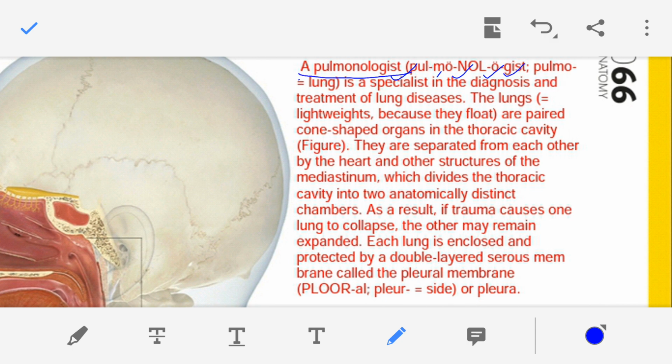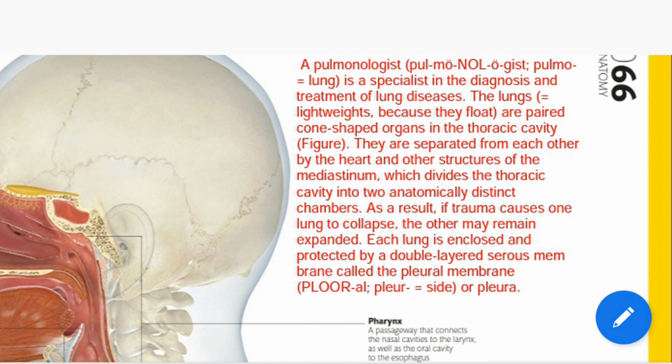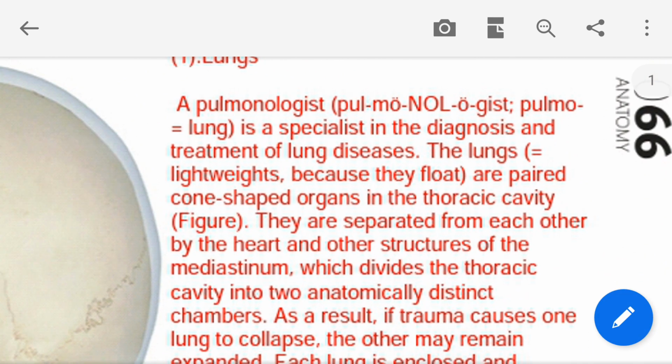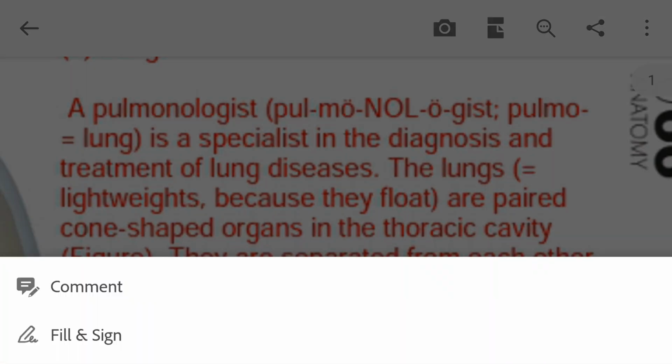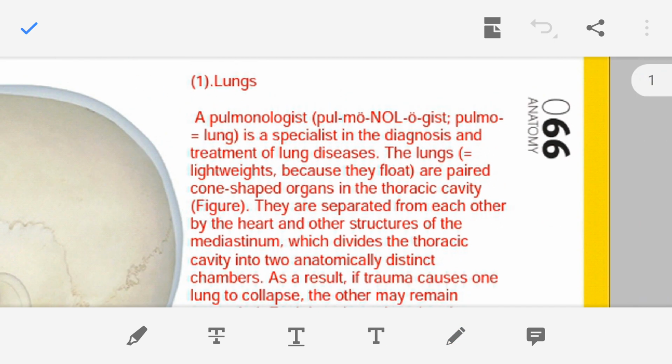Here we are not pronouncing it as such, but they are the doctors who study and treat the lungs. They are known as pulmonologists.